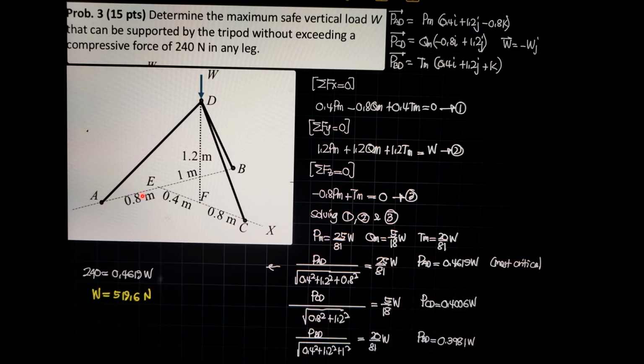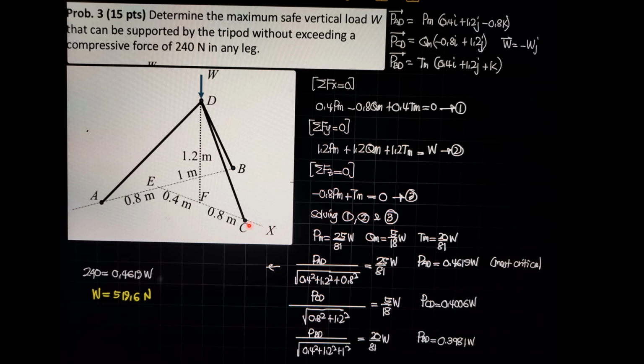PAD in vector form is force multiplier Pm, which is magnitude of P over distance, then directed 0.4 to the right, 0.4i, then 1.2 upward, 1.2j, then 0.8 backward, negative 0.8k. So that is P force in AD in vector form, compression.